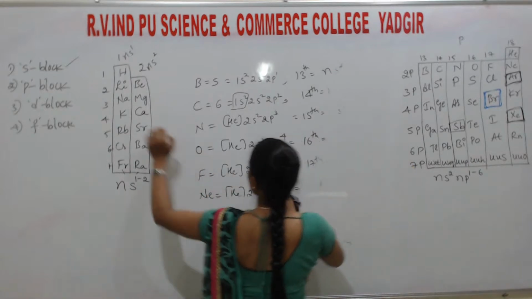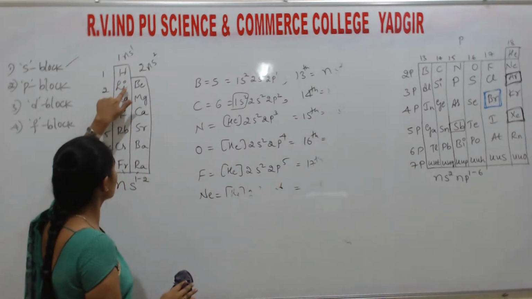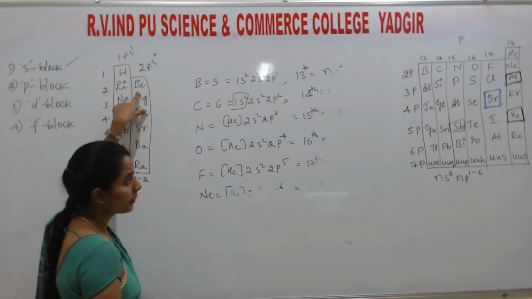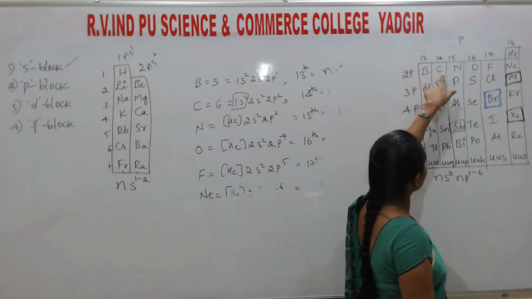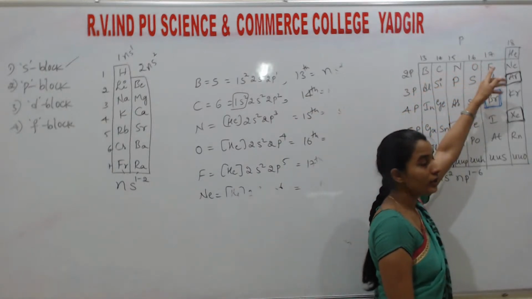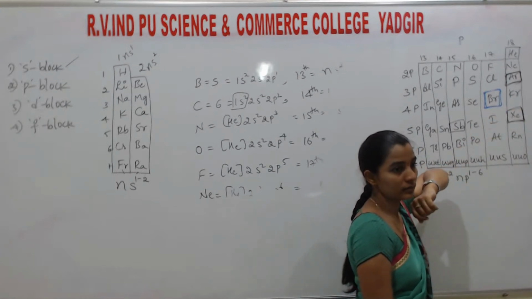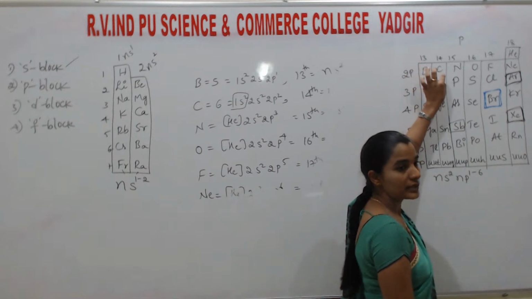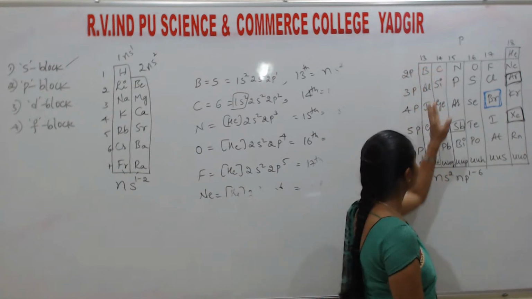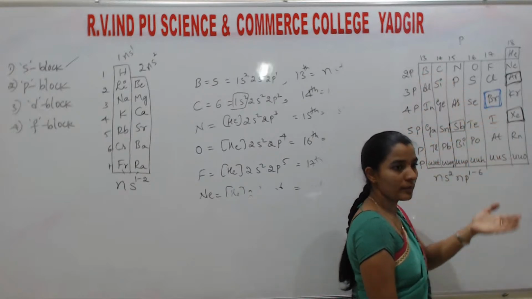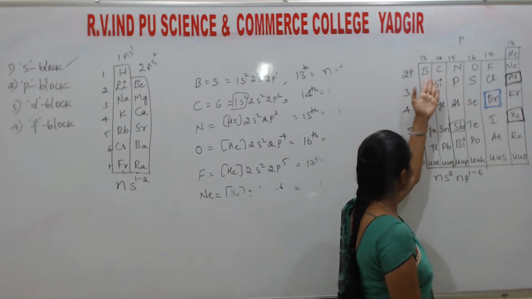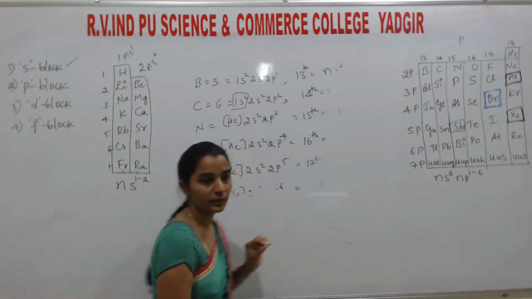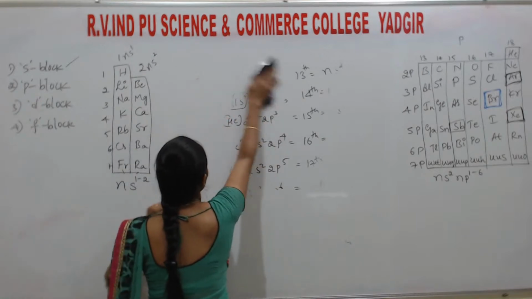The first group elements are also called the lithium family. The second group elements are also called the beryllium family. Then the boron family, carbon family, nitrogen, oxygen, chlorine, and helium family, like that. The first element of the respective group tells about the remaining elements. So if it is the boron family, all the family members are similar, right? Like that, the remaining elements also exhibit properties like boron. Understand?